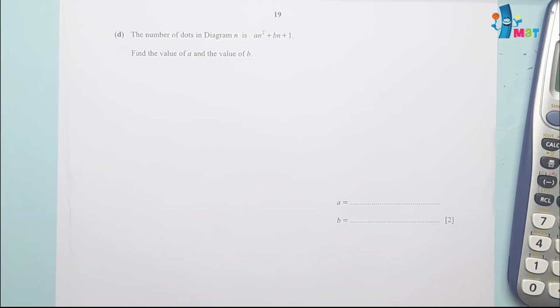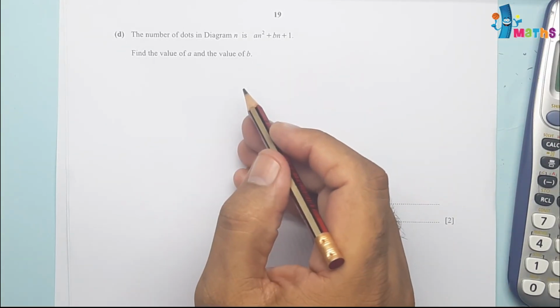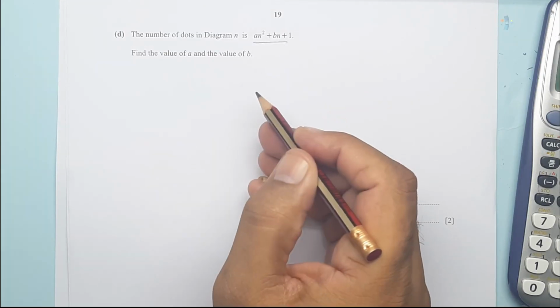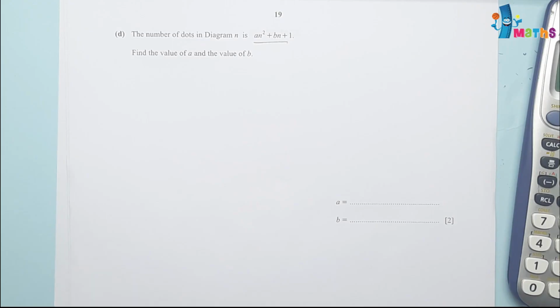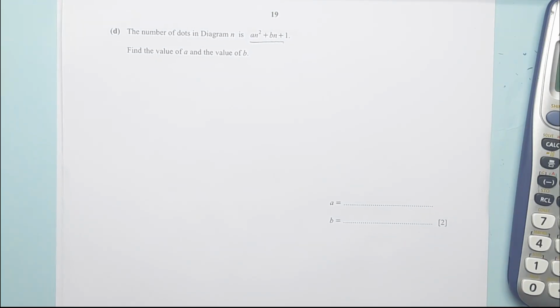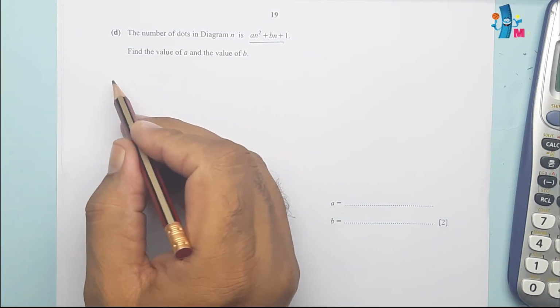Okay, the number of dots in diagram n is an square plus bn plus 1. Find the value of ab. So we will be replacing n is equal to 1.